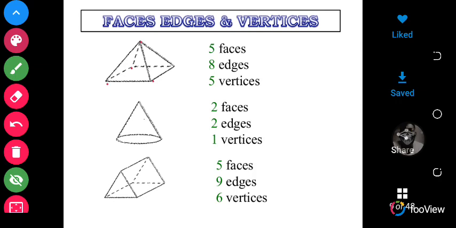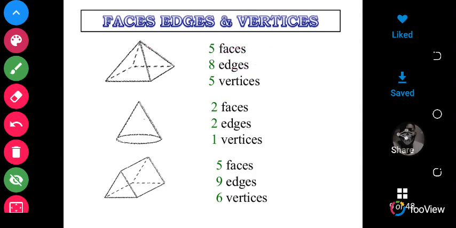So for this solid figure, which is a rectangular pyramid, it has 5 faces, 8 edges, and 5 vertices. When you count them, that is what you realize. Let's count the faces. We have 1, 2, 3, 4, and the face underneath is 5.